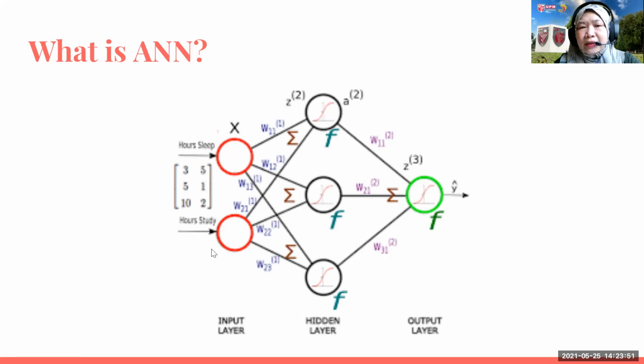If you are talking about a basic ANN, the input layer is actually the matrix of features. Let's use the example of fruits. Last week we gave the example of classifying between orange and apple using shape, color, and texture.